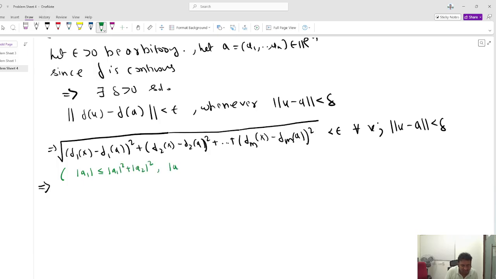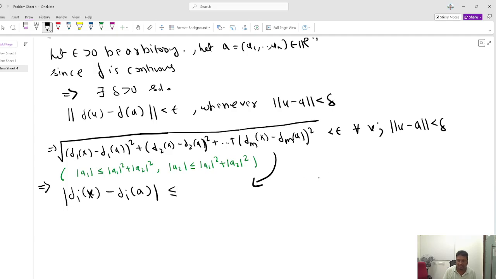In fact, mod a2 is always less than or equal to the square root of mod a1 square plus mod a2 square. That's what we will use here. So what you will get in particular, mod of fi(x) minus fi(a) will be less than or equal to this whole square root thing, which is further less than epsilon, and this is the same for every x such that the norm of x minus a is less than delta. Well, this is the definition, right? So this implies the fi's are continuous at a in Rn.